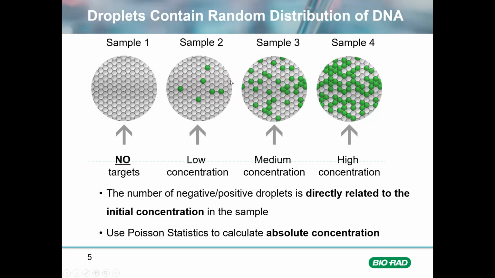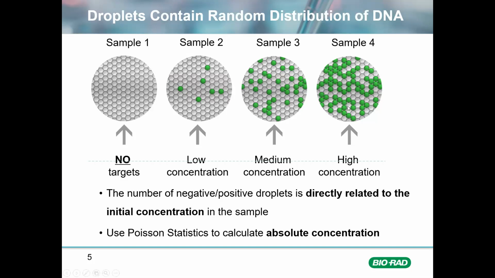Now, as we start to increase the concentration of our target molecule of interest in sample 1, 2, and 3, going from a low, medium, and high concentration of our target, you will see that we get more and more positive droplets. So effectively, all that we're doing here is counting droplets. ddPCR is just a very fine-tuned droplet counting machine.